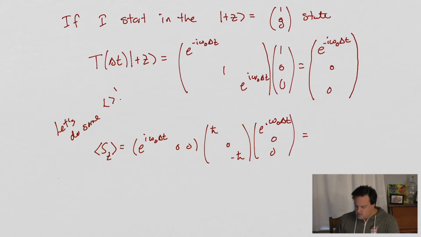Anyway, I'm going to do the first example by allowing my state to evolve, but my initial state is just going to be a beam that comes out of a Stern-Gerlach experiment in the z direction. So I start with a plus z state, and I'm going to allow that state to evolve through time, which means applying the time evolution operator to that (1, 0, 0) state. And what I get out is this thing. Let me circle it in green here.